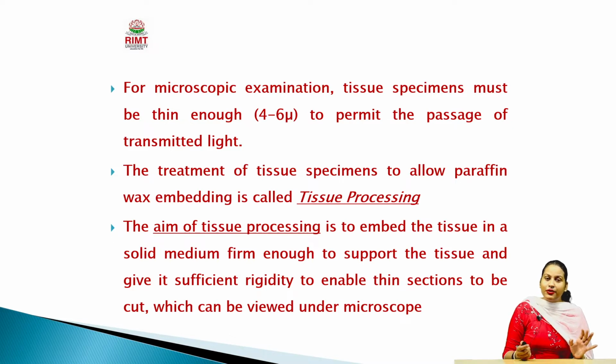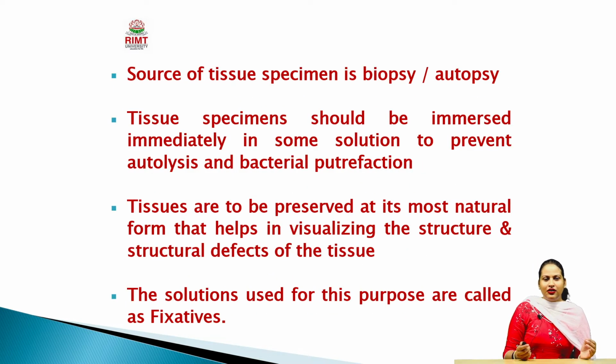That's why we use the microscope. The main aim of tissue processing is thinning the tissue, making slices of it. Like we cut vegetables in our kitchen, in the same way we cut the tissue. But it's a little bit different from kitchen processing.